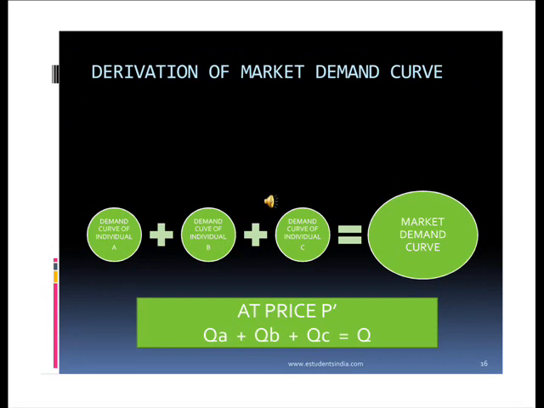Derivation of market demand curve. Demand curve of individual A plus demand curve of individual B plus demand curve of individual C is equal to market demand curve.